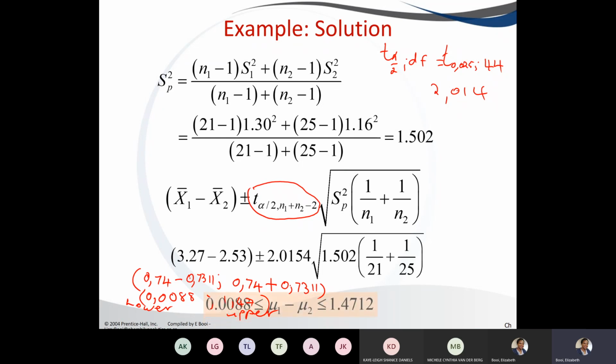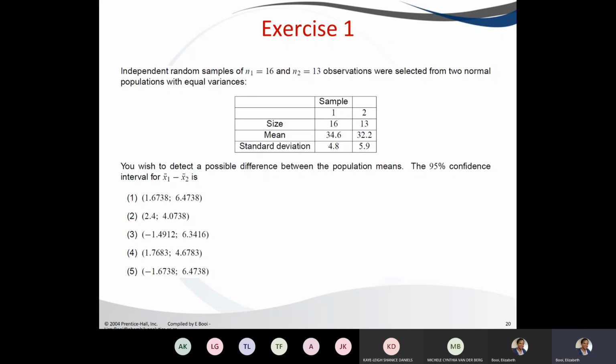In the exam, you will find a question like that. For example, they will give you a table that looks like this, and they ask you at 95% confidence interval, which one is the correct answer there.